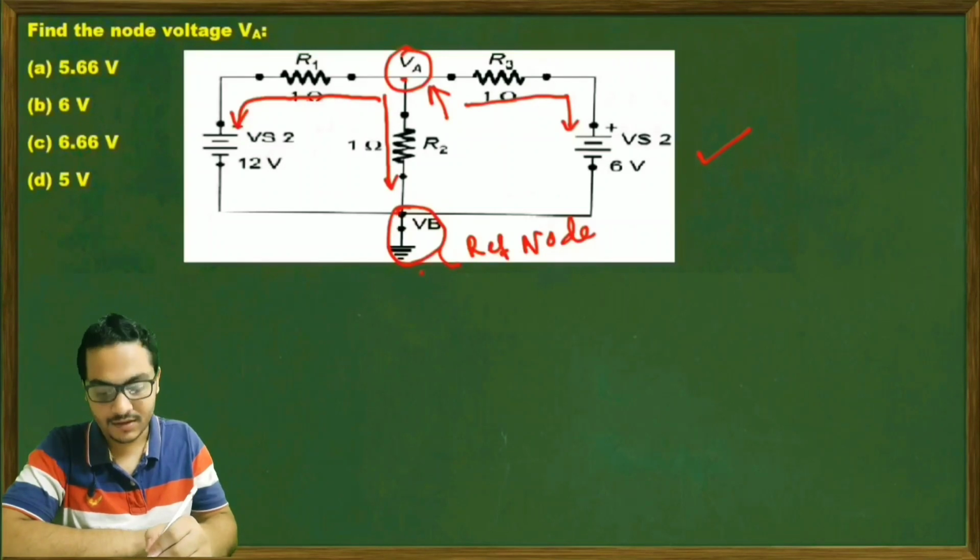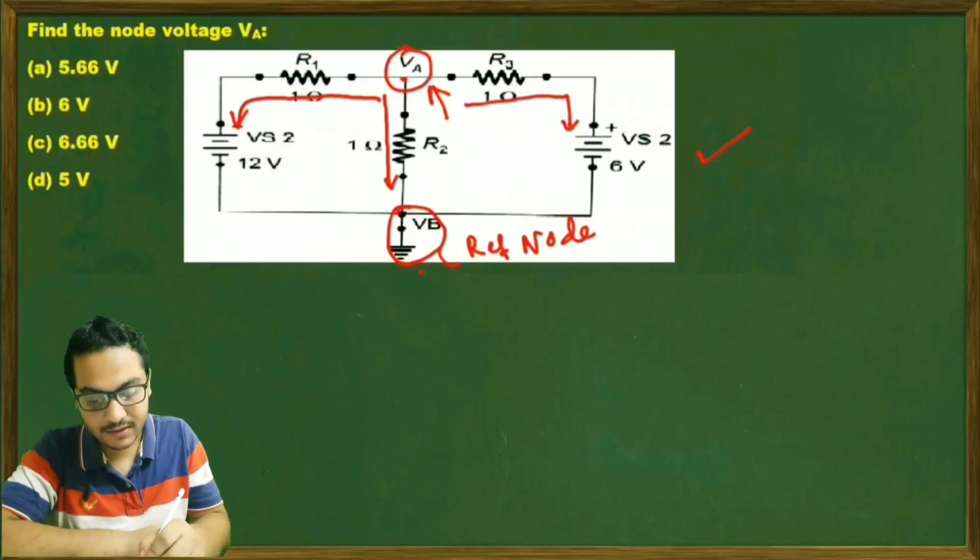Why? Because we don't know the direction of current, so let's assume this direction. Now apply KCL to this node.